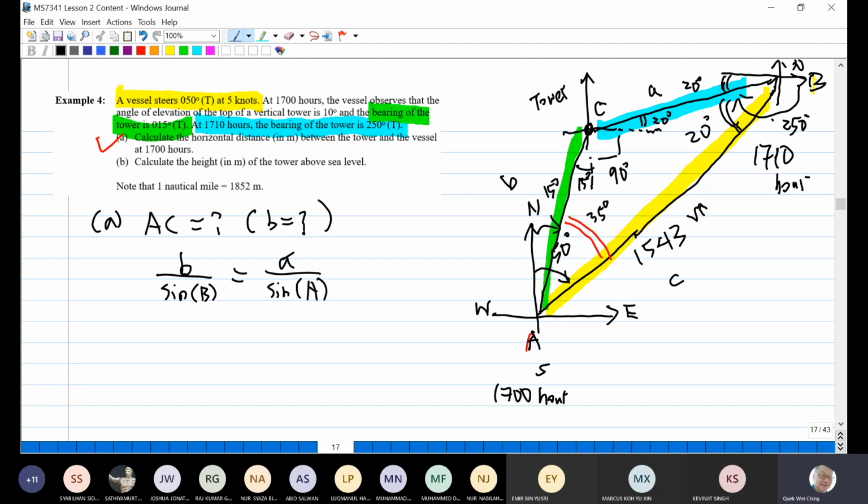So B I don't know. Angle B I know is 20. A, do you know A or not? I don't know. So I use C, C I have the answer, because I don't know what A is here. So C is 1543.